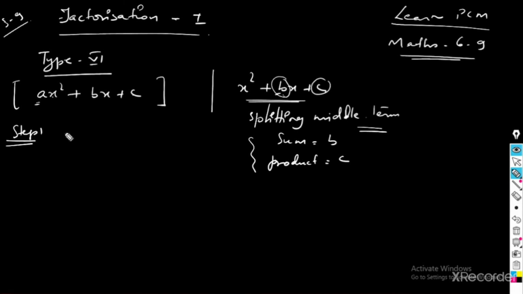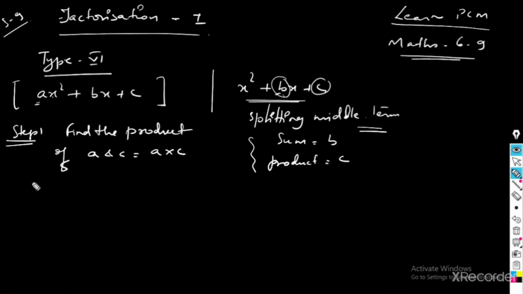That means your first step is to find the product of A and C. It means A into C you have to do. What is A? A is the coefficient of the square term and C is the constant term, right?